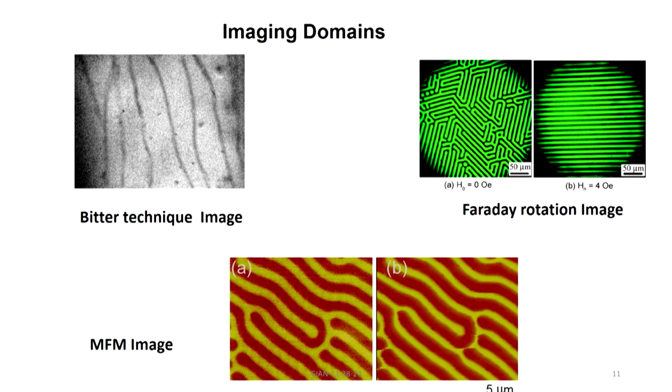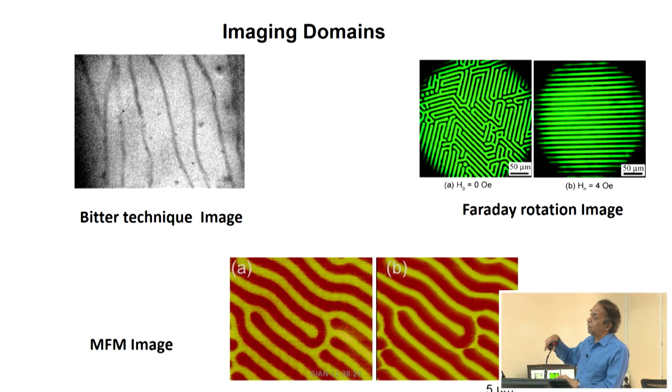There are other ways to do it, and people used to use the Bitter technique. What you do is you take Fe3O4, which is a ferrite, and dissolve some of it in alcohol. Then you polish the sample pretty well, and then disperse this magnetic particle on top of it, and they will orient in the direction, because if there are domains, there is a domain wall separating two domains.